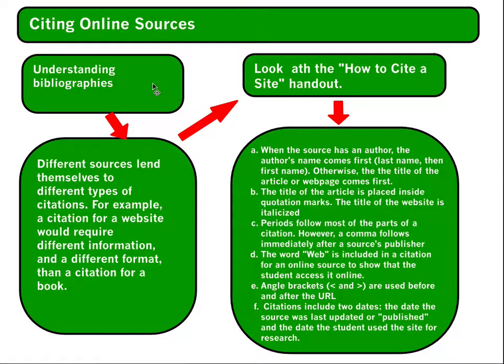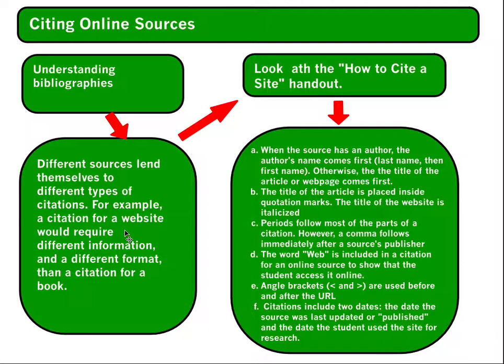Now, understanding bibliography, different sources lend themselves to different types of citations. For example, a citation from a website would require different information in a different format than a citation from a book.